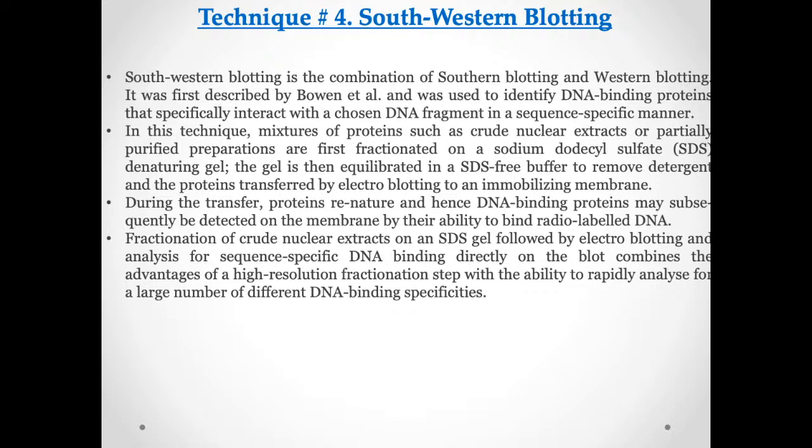The sodium dodecyl sulfate (SDS) denaturing gel is then equilibrated in an SDS free buffer to remove detergents, and the proteins are transferred by electroblotting to the immobilizing membrane. During the transfer, proteins renature, and hence DNA binding proteins may subsequently be detected on the membrane by the ability to bind radio-labeled DNA.